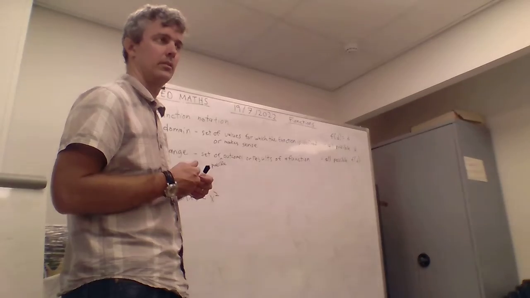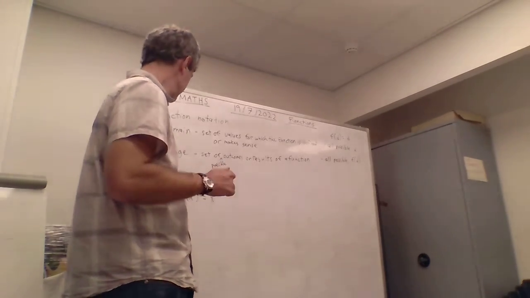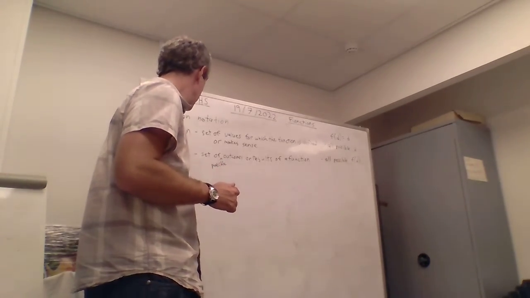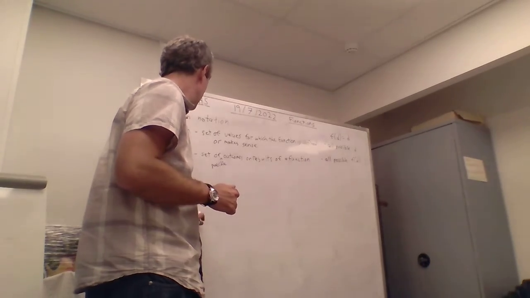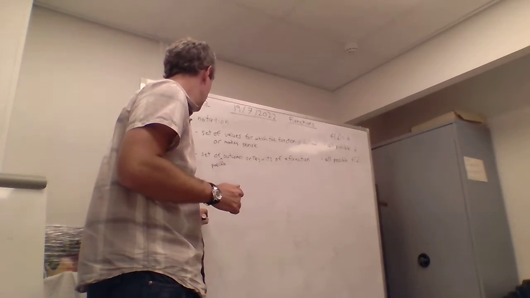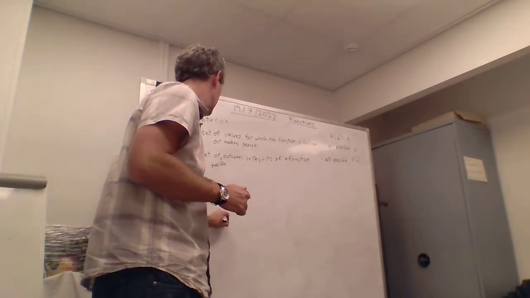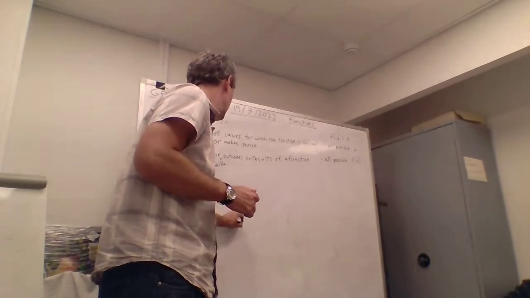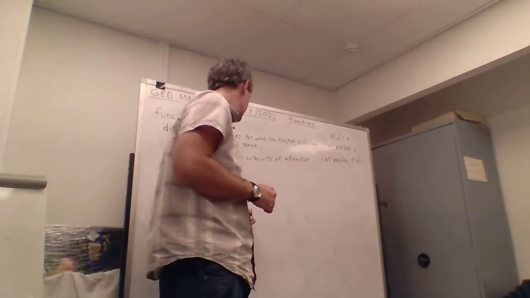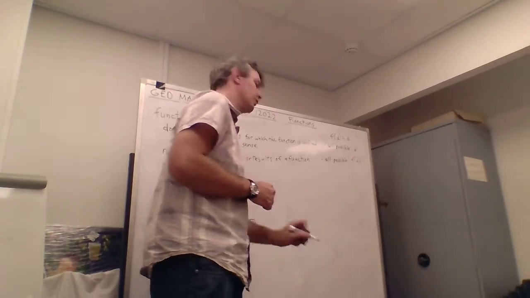It's all numbers. Yes. So the domain here is all numbers. We actually have a way of writing that. We can say it like this, it's a double R, which means all real numbers.